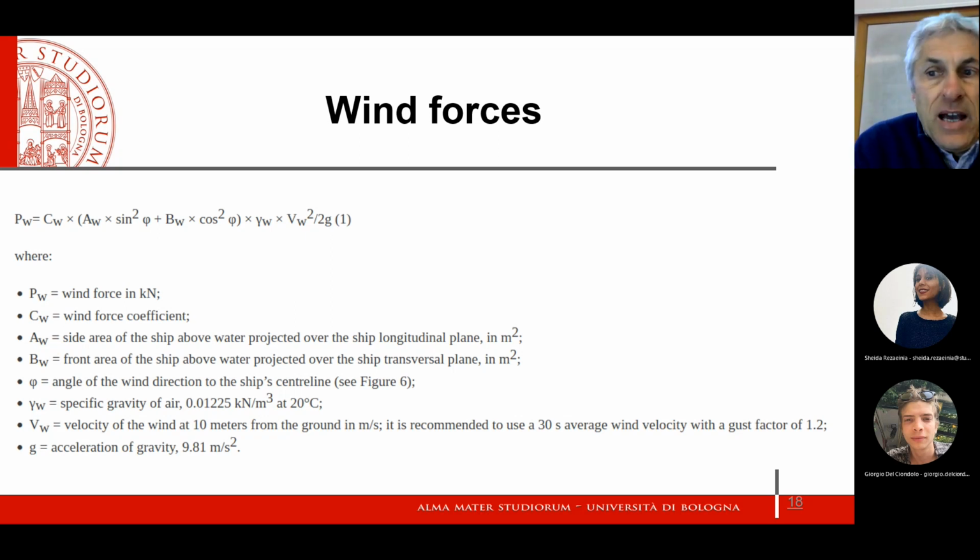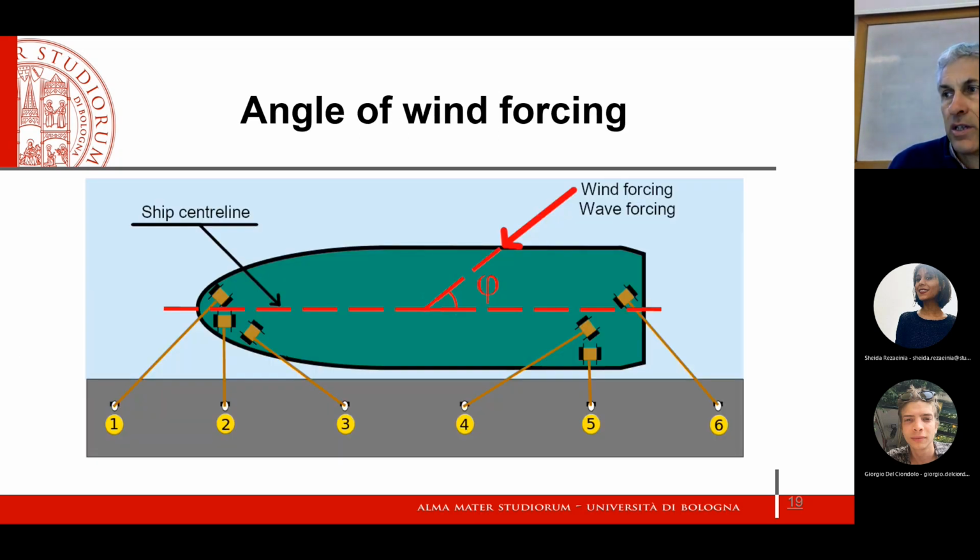And then we have the angle of the wind direction to the ship center line. Let's see how it is defined. I move forward one slide and then I come back. So this is phi. It is defined in this way. You see the longitudinal direction of the ship with the longitudinal axis, which is the red dashed line.